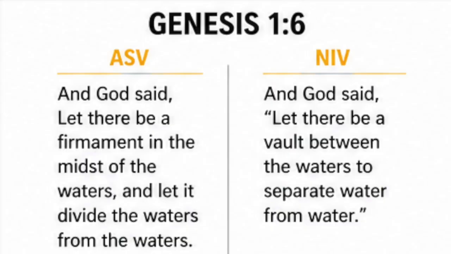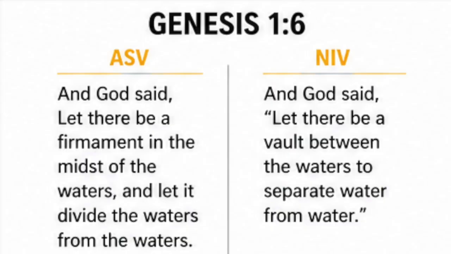Why vault? NIV uses vault to help modern readers imagine a space separation, two regions. What is actually happening? God is creating a separation within the waters. Waters above, sky, expanse, waters below.